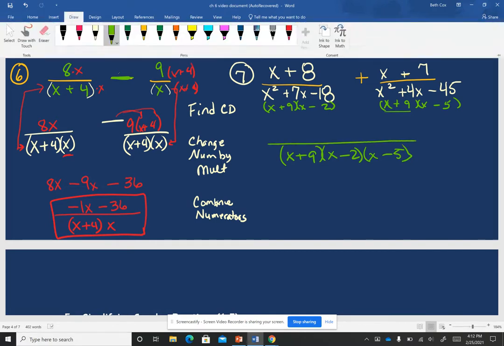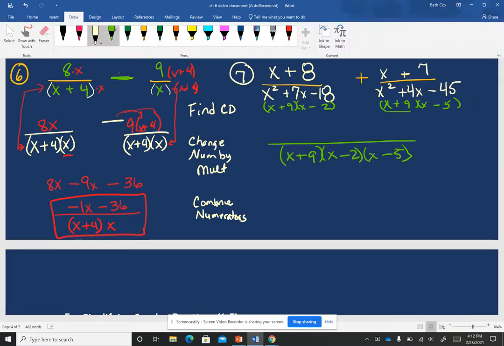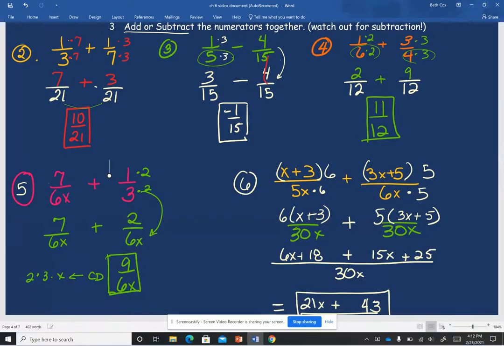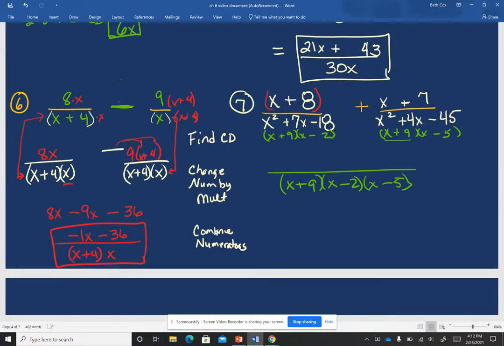Okay. All right, part 2. Change the numerators by multiplying by what's missing. All right, so let me look. I've got an x plus 8. Sorry, guys. I've got an x plus 8. And when I compare the new to the old denominator, I'm missing an x minus 5.